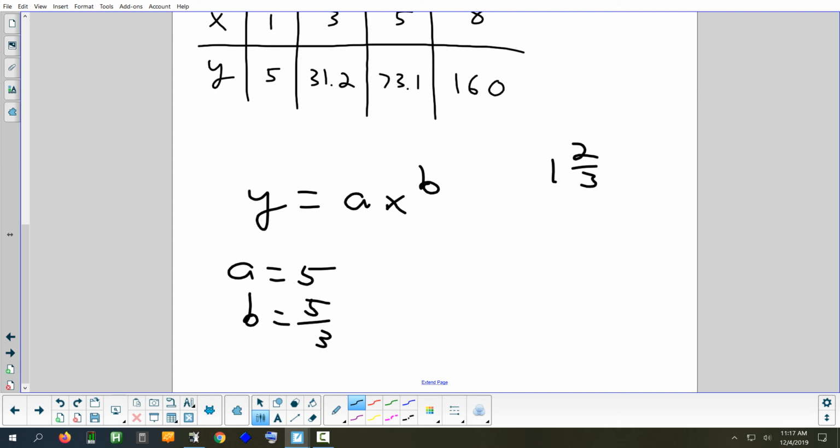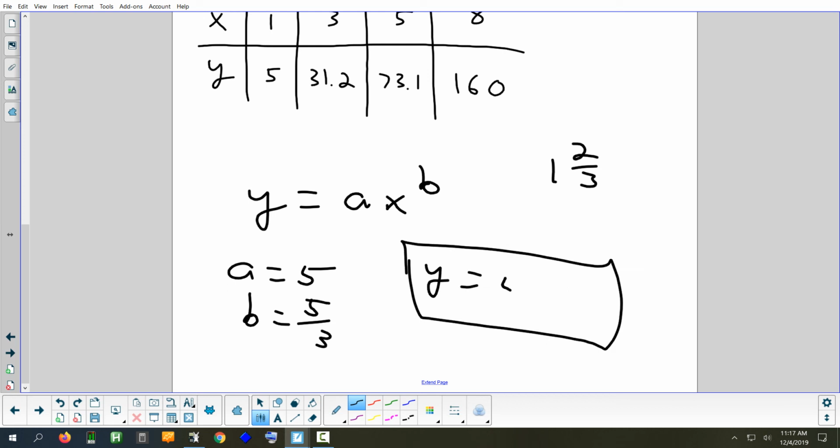Now using those numbers, just write your final answer. Y equals 5x to the 5/3. So if you were to graph that equation, which I will in a second, it should go through those points perfectly.